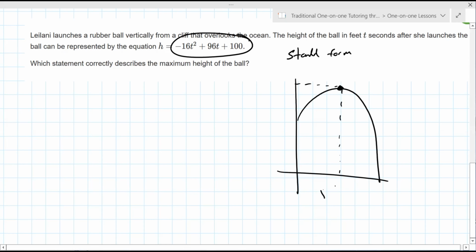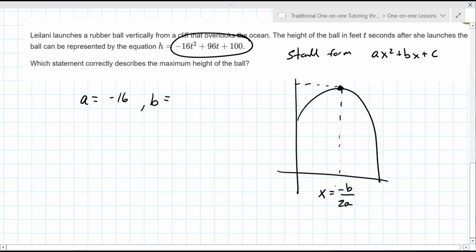So the x coordinate of the vertex is what's referred to as minus b over 2a. And you might be thinking, well, what is a and what is b? In standard form, it's ax squared plus bx plus c. So the a is what's in front of the x squared term. What number is in front of the x squared term in this problem? -16. -16.